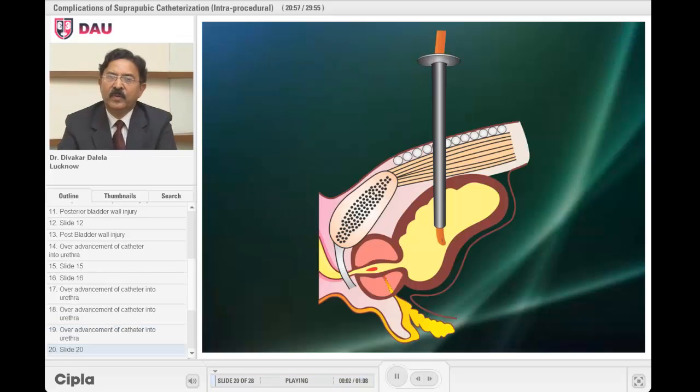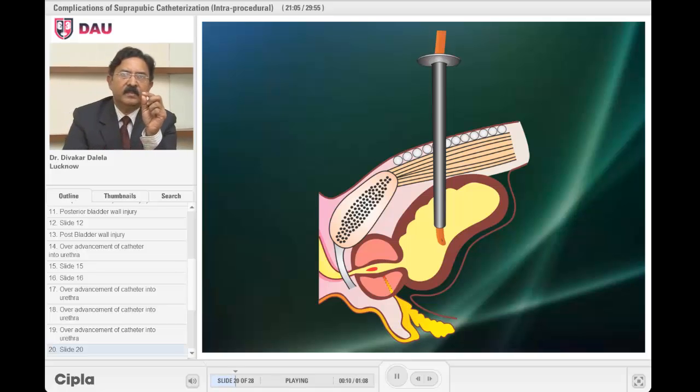And also you can do one more thing, and that's an observation, the trick we have published in some of the journals some time back: keep the slot of the trocar and cannula assembly directed towards the umbilicus of the patient.